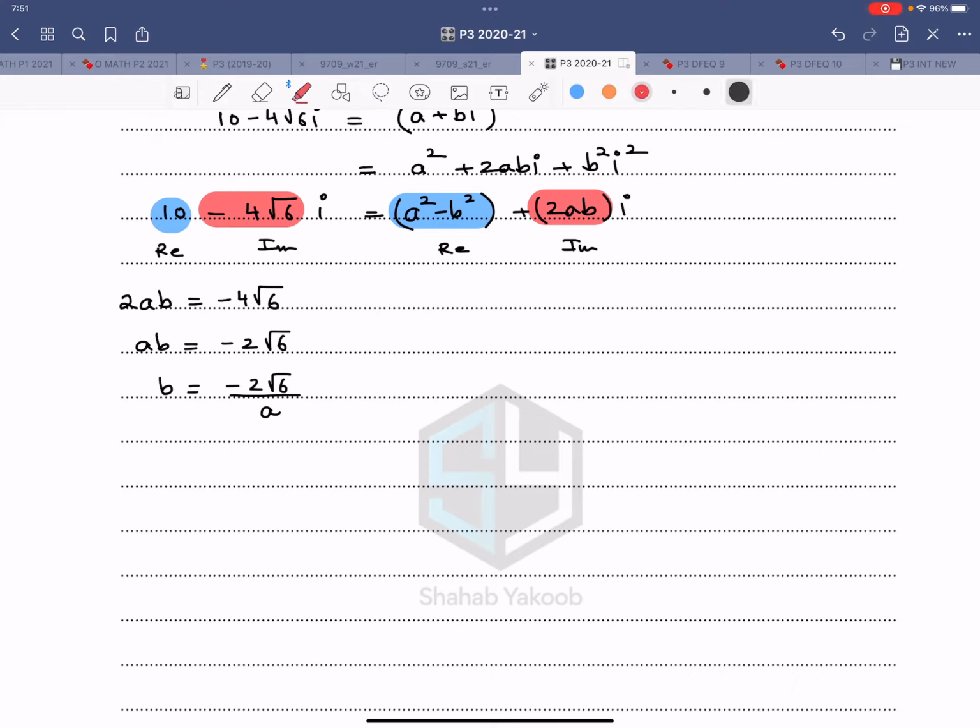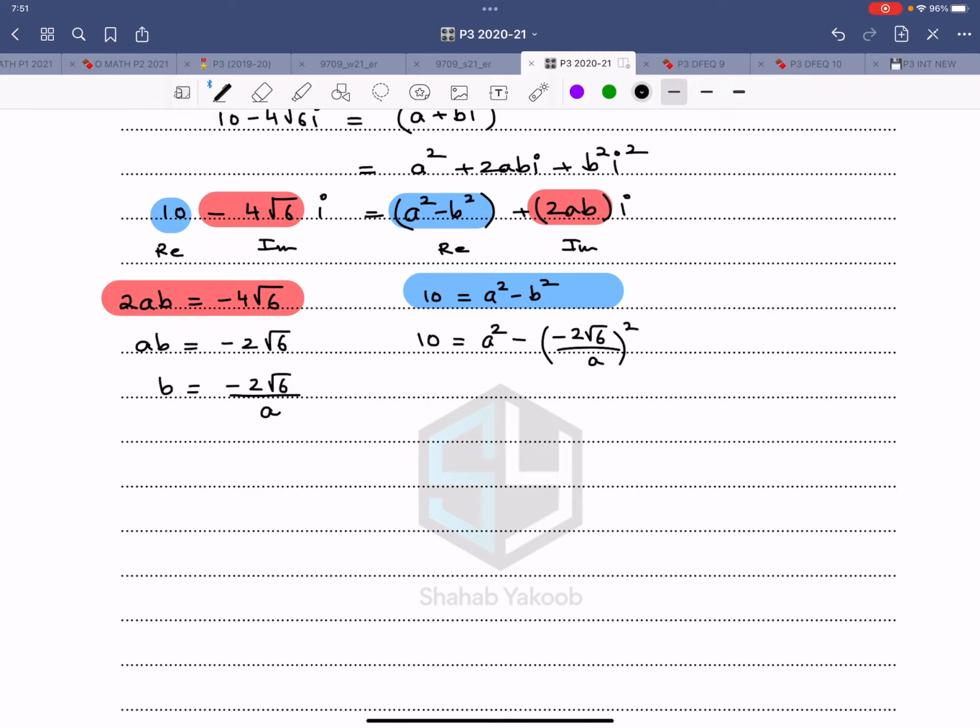And then if I talk about the blue equation, what do I have? 10 equals a squared minus b squared. 10 equals a squared minus minus 2 root 6 divided by a, the whole thing squared. 10 equals a squared minus, this becomes 2 squared is 4, 4 into 6 is 24, divided by a squared.